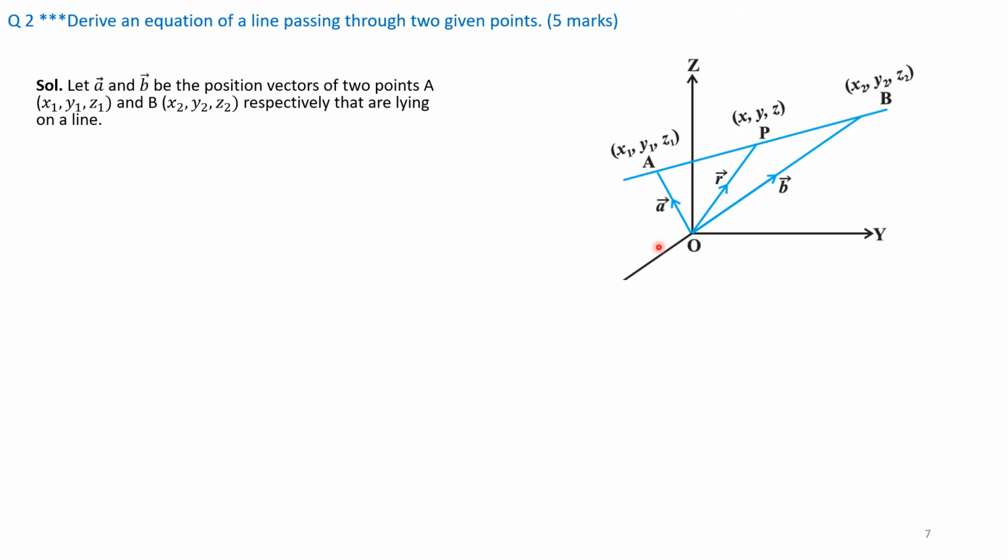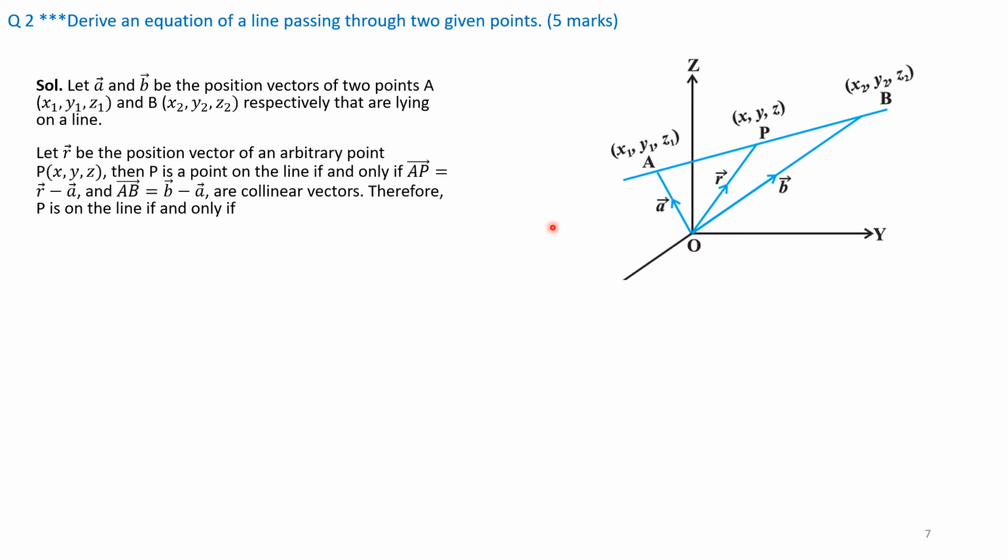As explained earlier, O is the origin, and X, Y and Z are three mutually perpendicular axes. Let vector A and vector B be the two position vectors representing points A (x1, y1, z1) and B (x2, y2, z2) respectively, that are lying on the line AB.